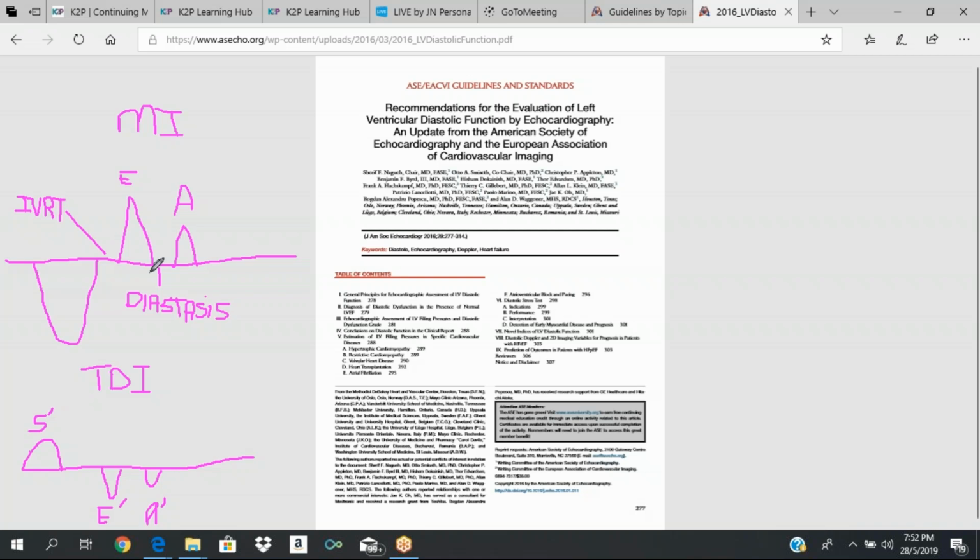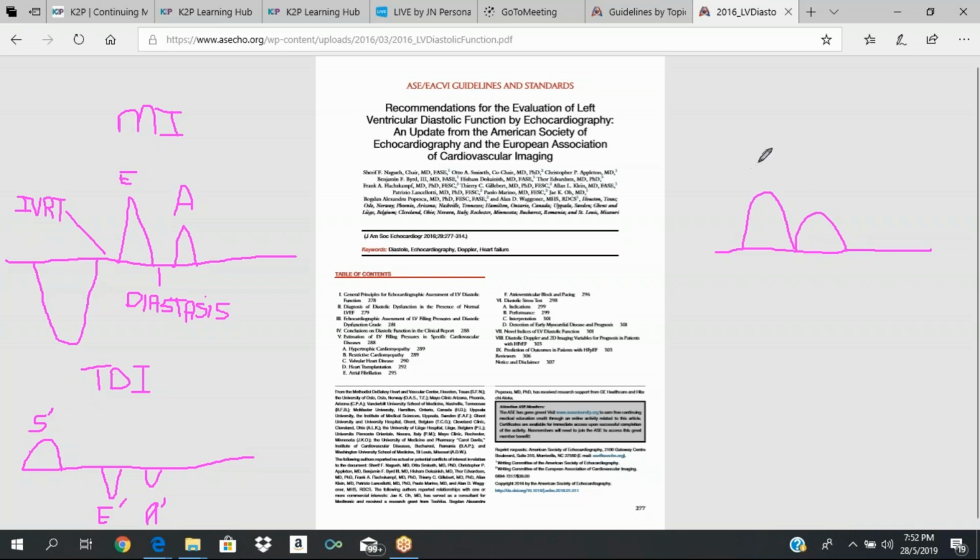And we also look at the pulmonary vein flow. If you remember, when we talk about pulmonary vein flow, that is the flow of blood in the pulmonary vein going to the left atrium. In systole, you get a component looking like that. And then in diastole, you get a component a little bit smaller.